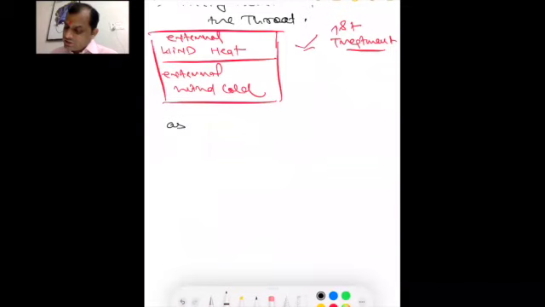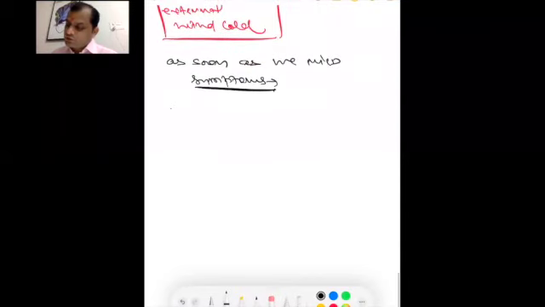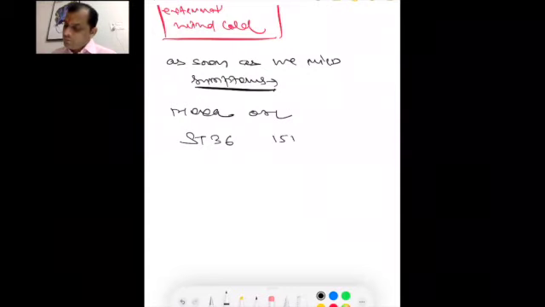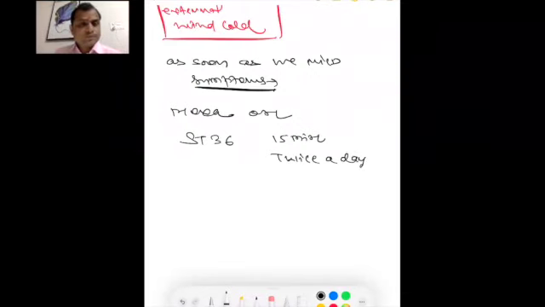As soon as we see the mild symptoms, we have to start moxa on the stomach 36 point, 15 minutes, twice a day. 15 minutes is a little more time, but we have to do 15-minute moxa on stomach 36.